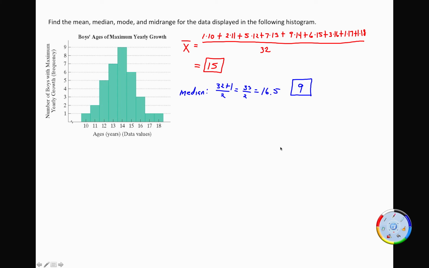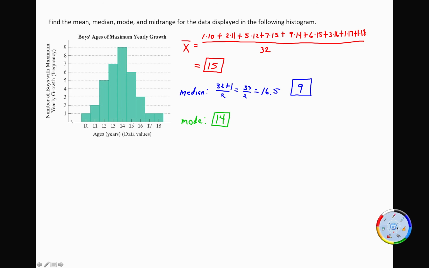Okay. What if we're finding the mode? Well, that's just our tallest bar, since our bars represent our frequency. So there were 9 boys at 14. All right.